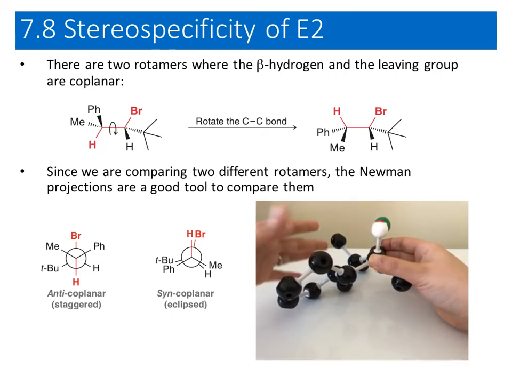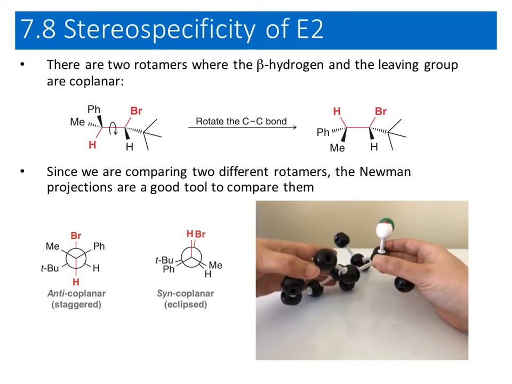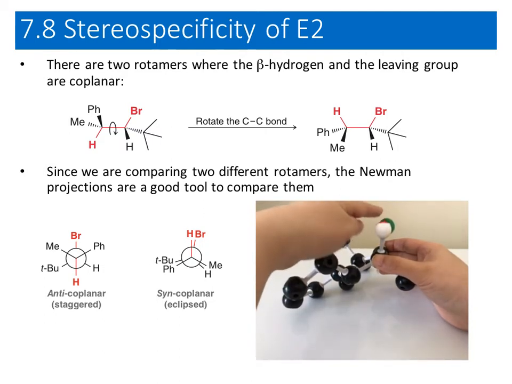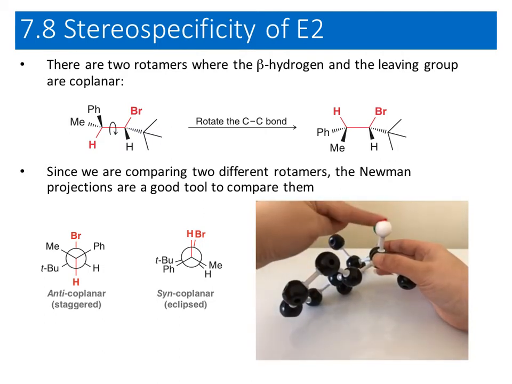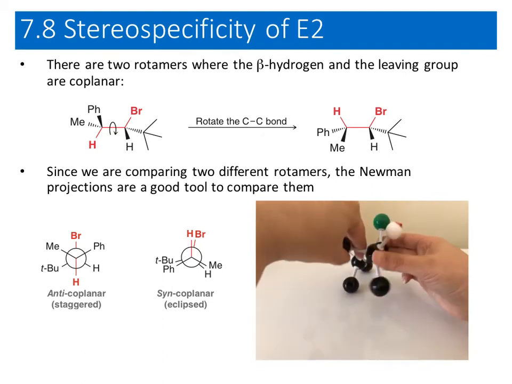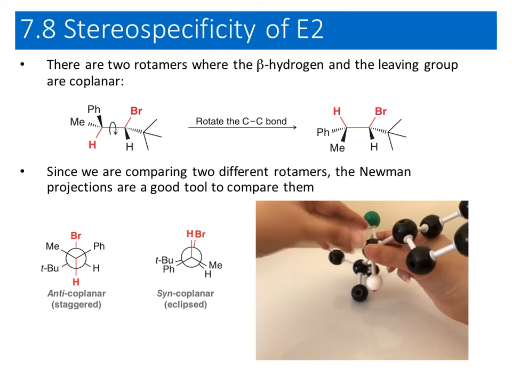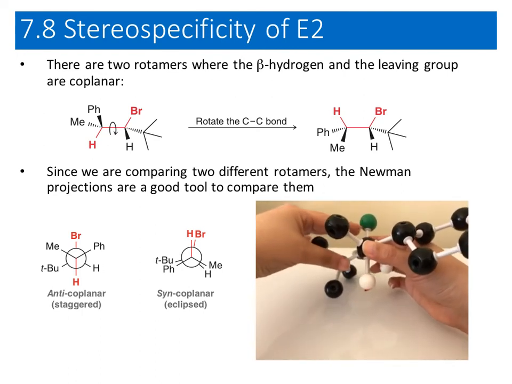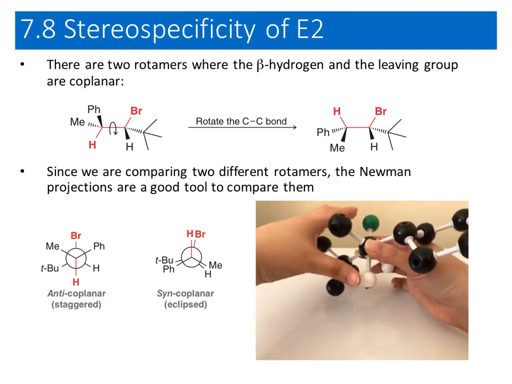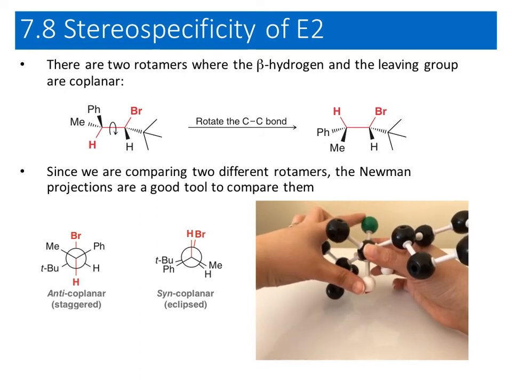Now here is the rule. To have the E2 elimination happen, the angle between the leaving group and the beta proton should always be 180. So the conformation that can do the reaction is the anti-coplanar conformation.